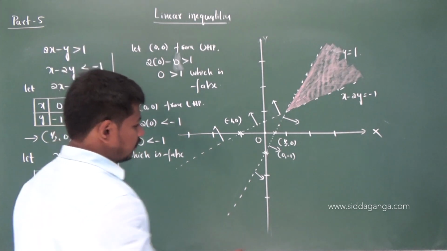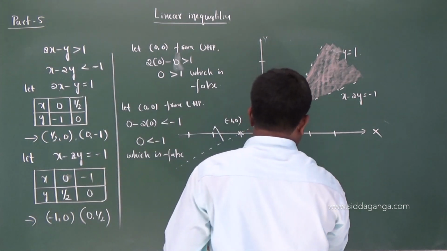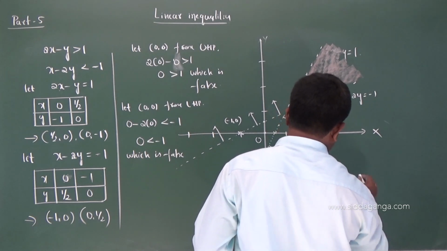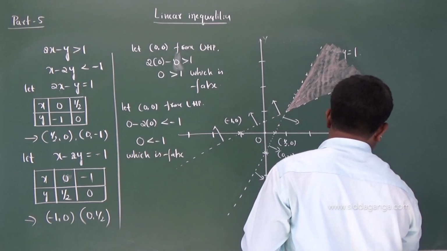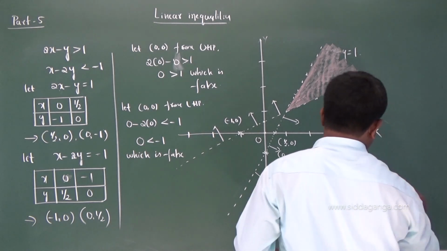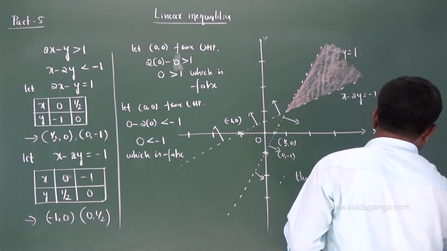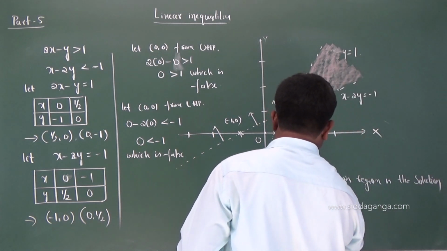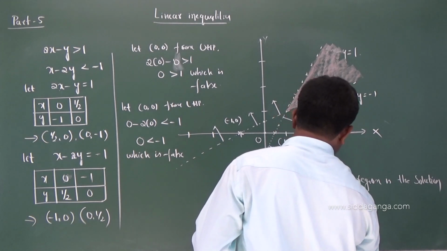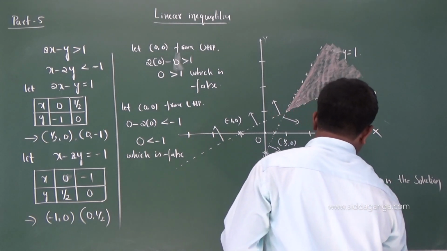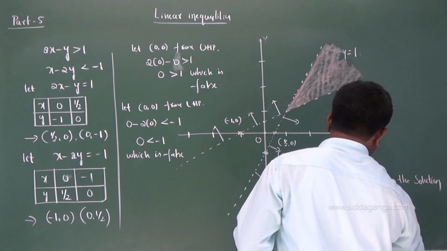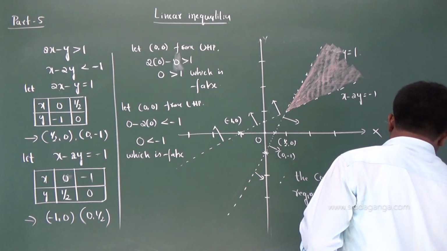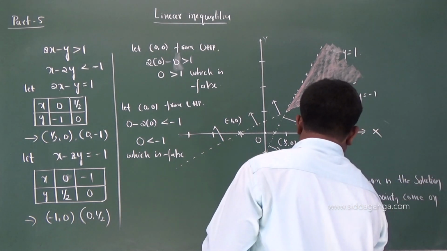Okay, at last, therefore, the common region is the solution region, except the points that come on the boundary.